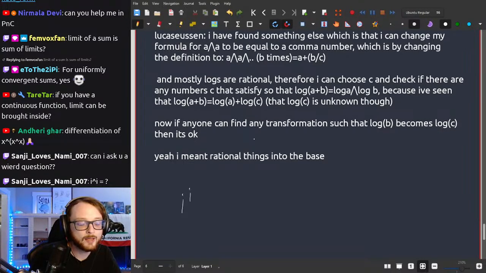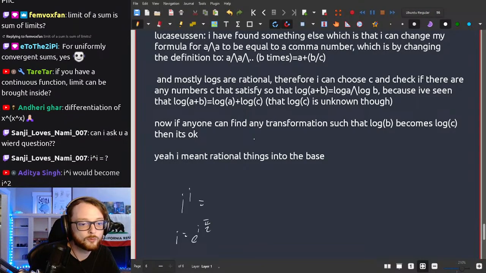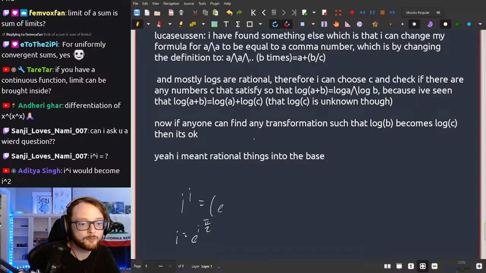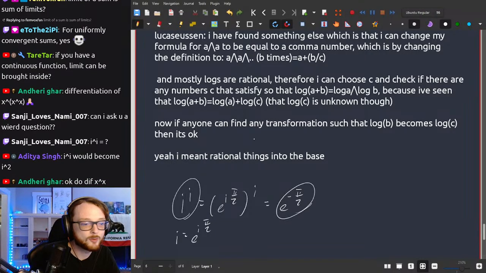To do I to the I, I'm going to rewrite this I in polar form, because I know that I is equal to e to the I pi over 2. So this is equal to e to the I pi over 2 to the power of I. When you have a power to a power, the exponents multiply. So e to the minus pi over 2, because I times I is -1. So I to the I is e to the minus pi over 2.